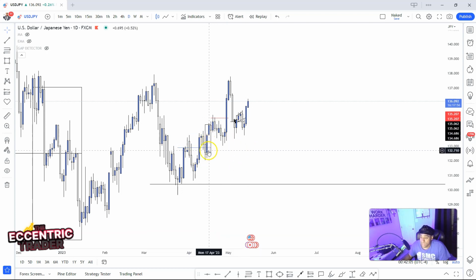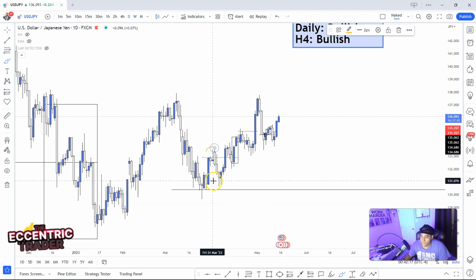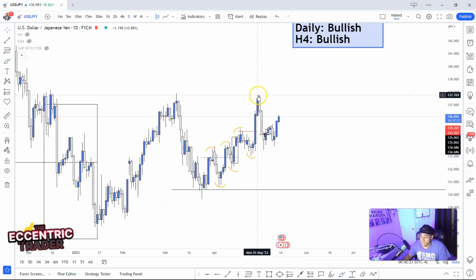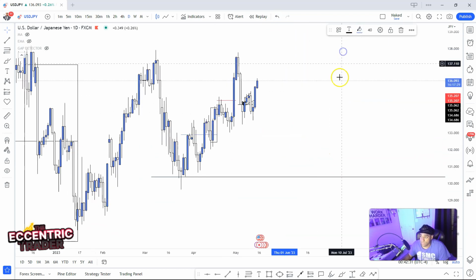And not only that, but it tests a new level of support, and it's continuing to make higher highs and higher lows. Higher high, higher low, higher high, higher low, higher high, higher low. And this is a higher high, and that's a higher low, right? Clearly an uptrend.